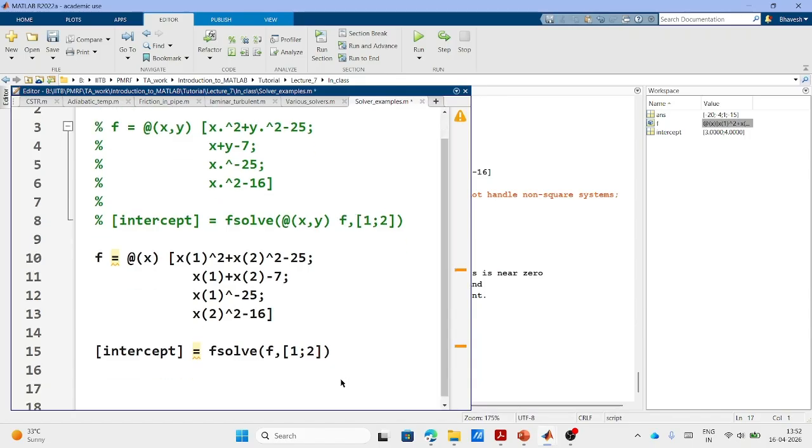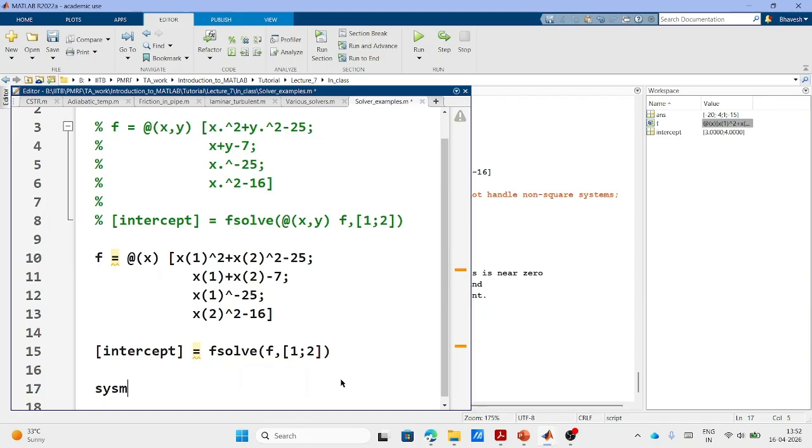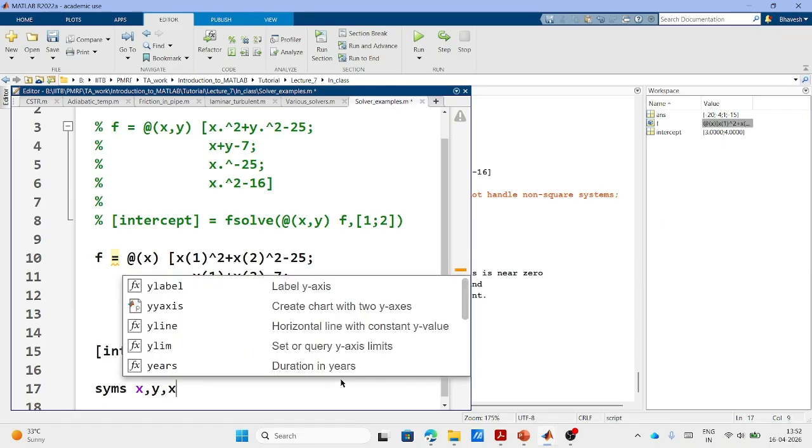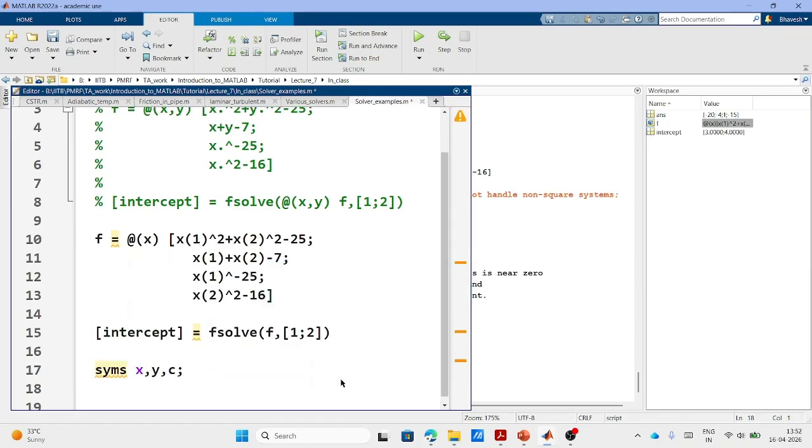So that's why you have to define symbols. So I will define syms x, y, and c. Okay, so these are my three symbols. Yeah, sorry, x, y, and c.